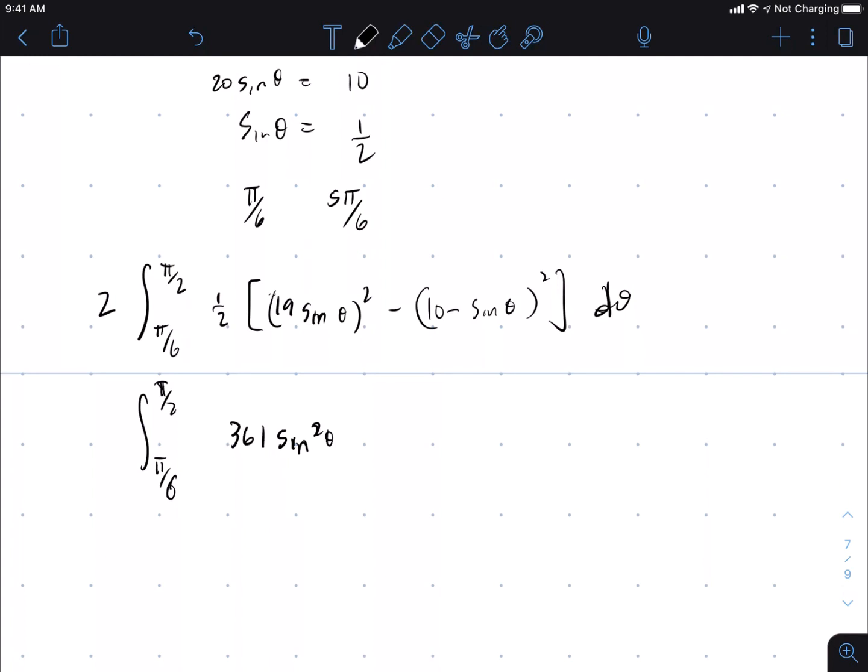Right. Okay. Minus, that's going to be 100 plus 20 sine theta minus sine squared theta.